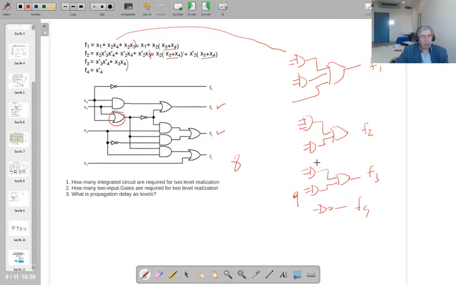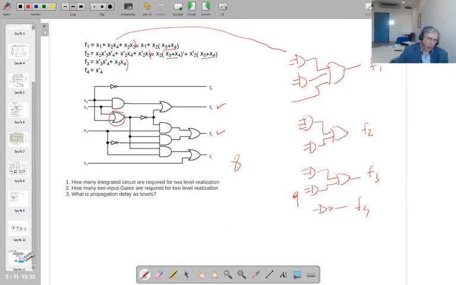So what is the difference? At the end, if you're going to design more than one function, try to find out, is there any shared gate between these functions? If you find that, use that. That will decrease the cost of your design. So that is the end.